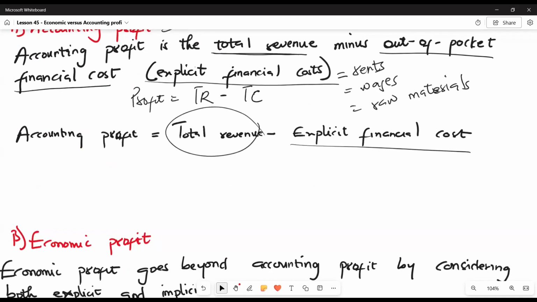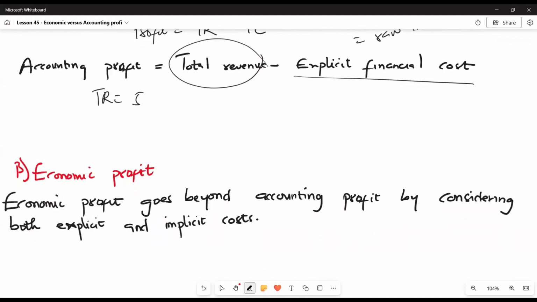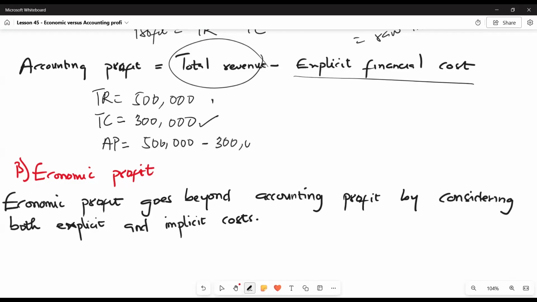Let's look at an example. So if you have a firm and the total revenue of this firm is £500,000 per year, and the total cost, which includes the cost of wages, rent, raw materials, and other physical costs that are incurred, adds up to, for example, 300,000 a year, then your accounting profit is simply this 500,000 minus the explicit financial cost, which is 300,000.